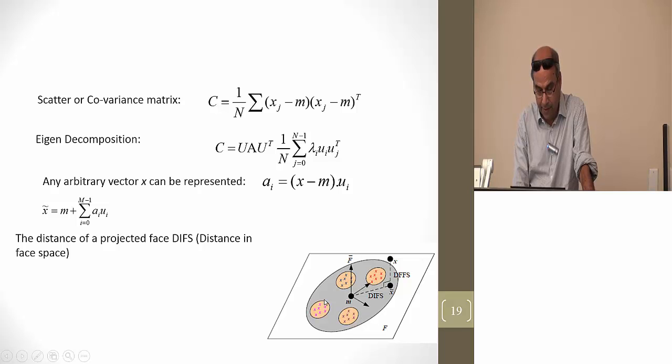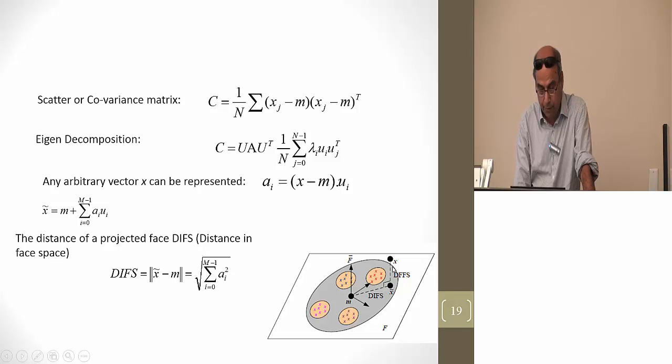And these are the distances from the mean. So if we want to project this x vector in this face space, we will call it x tilde, and we'll subtract the mean, and that essentially gives the coefficients a1, a2, square them, take the root, and that is the distance in the face space of any arbitrary vector x.